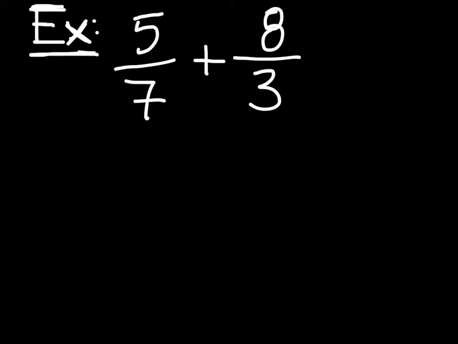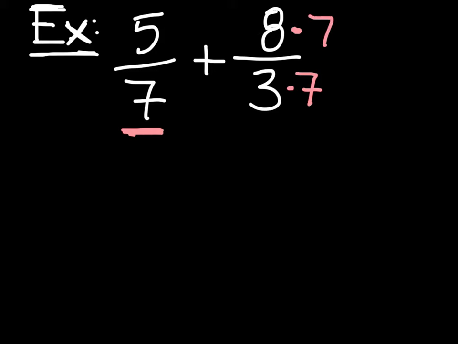So, let's look at these. These are not common, right? Okay? So what I'm going to do is I'm going to look at the 7 here, right? All I'm going to do, we did this a couple days ago, I'm going to multiply the 7 over here. Okay? But when I do it on the denominator, I also do it in the numerator.